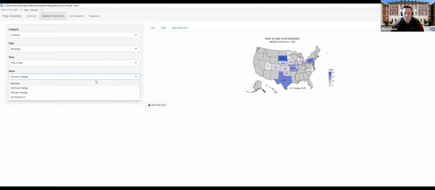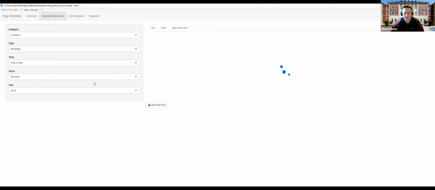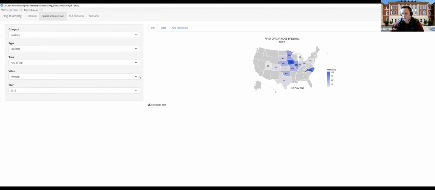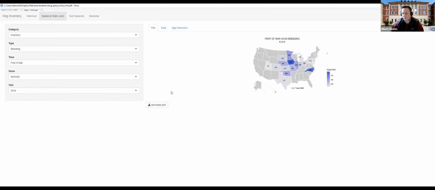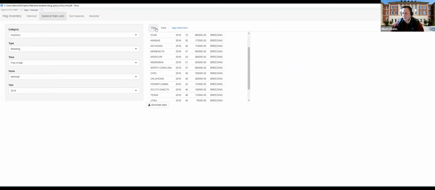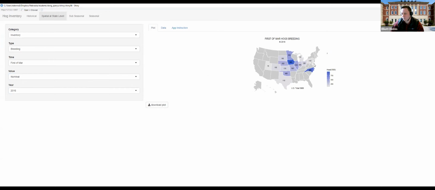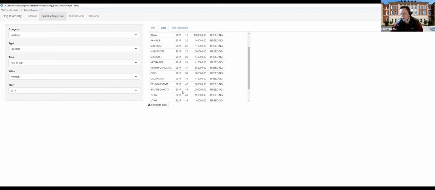You can go here and look at nominal, if you just want to see the actual value itself, and change the years. So it's very adaptive. And once again, you can download the plot, and if you want, you can download the data. This data is what's visualized in this plot. If I change this, say I actually wanted 2017, then when you download, you're downloading the 2017 data itself.